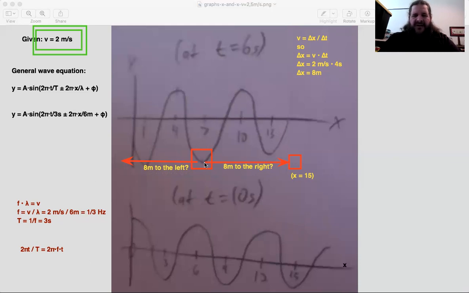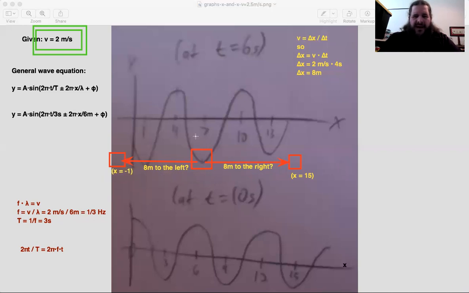If you start at 7 and you move 8 meters to the left, yeah, you end up at exactly -1. So that's another possibility, and we don't know yet which one of those it is. You can't tell just from looking at this one graph. So maybe this ends up at x equals -1. To figure out which one it actually is, we compare this to the other graph.